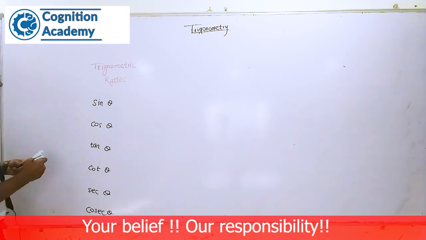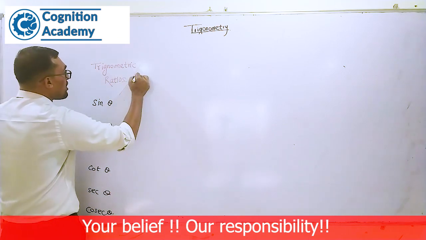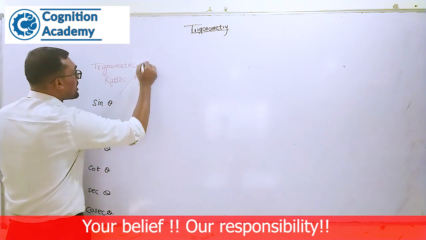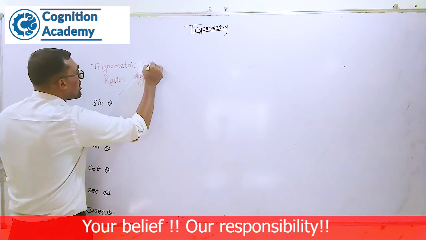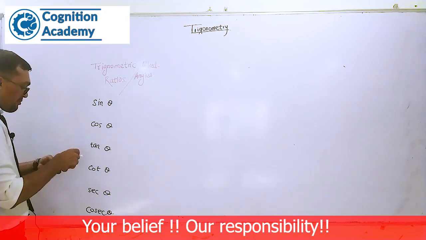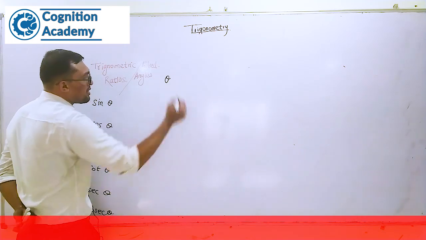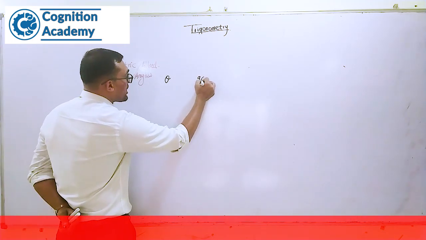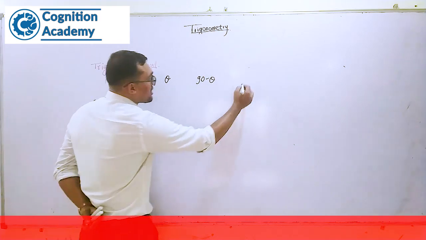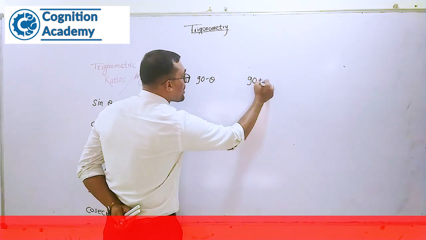What were the different angles? Let us set the allied angles. What were the allied angles? Number 1 is the angle theta. Next was 90 minus theta. Next 90 plus theta.